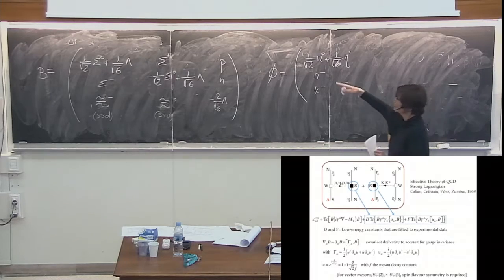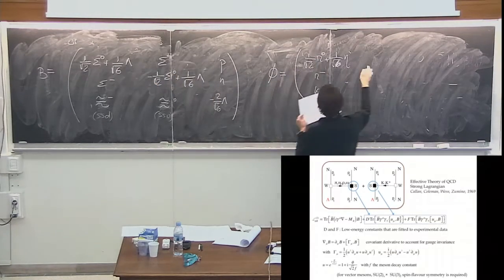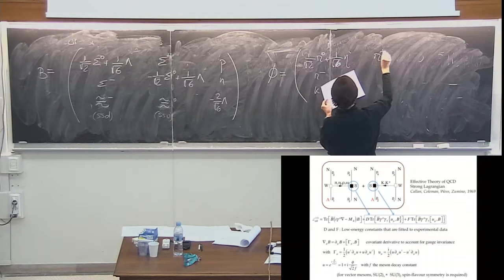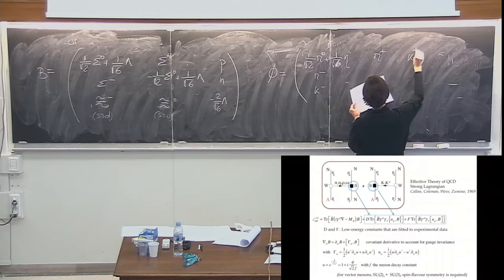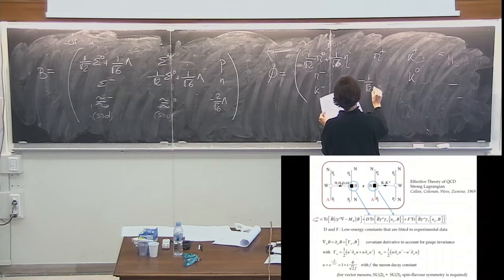You have the triplet here, the doublet in isospin.